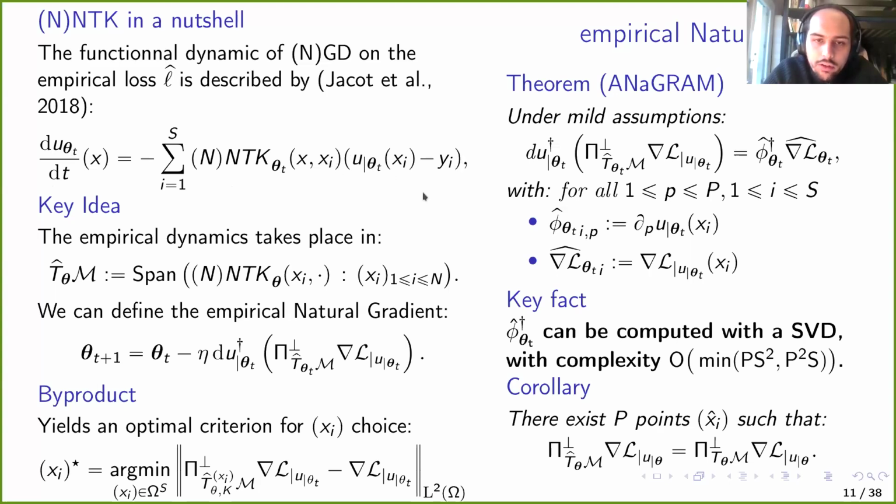And so we know that the difference that we will backpropagate is given by the difference between the target yi and the value of the neural network at xi. And we have this, the NTK or NNTK in the case of natural gradient, that measures what is the influence of xi over x.